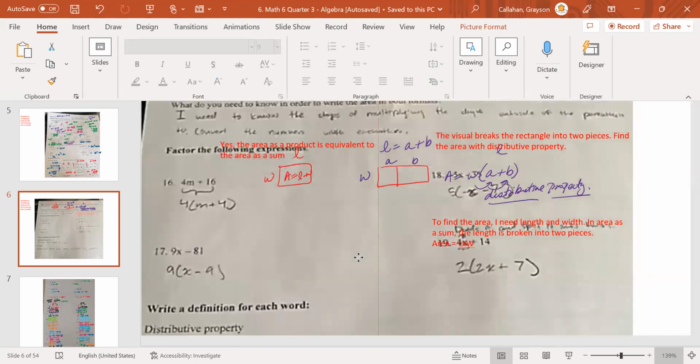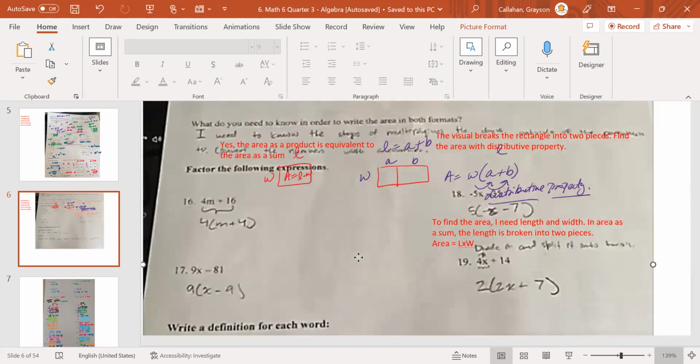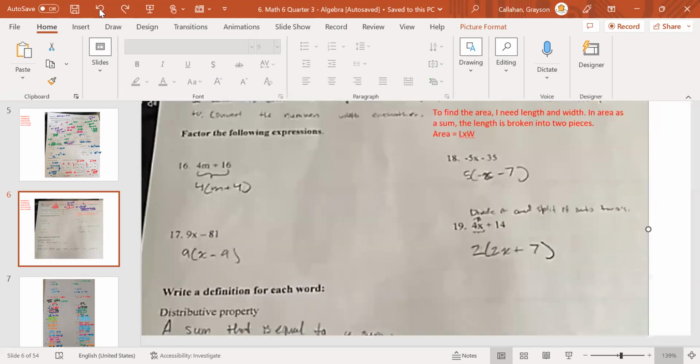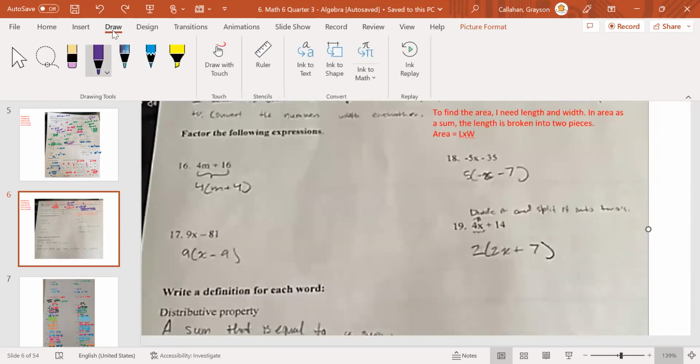Okay, number 16, it says factor the following expression. So the way I kind of remember how to do this is that it's kind of like the opposite of the distributive property.